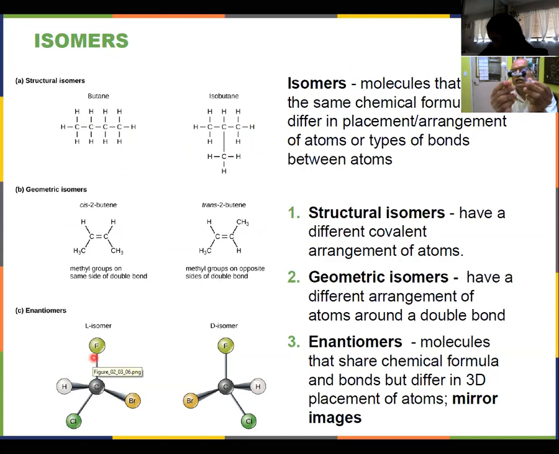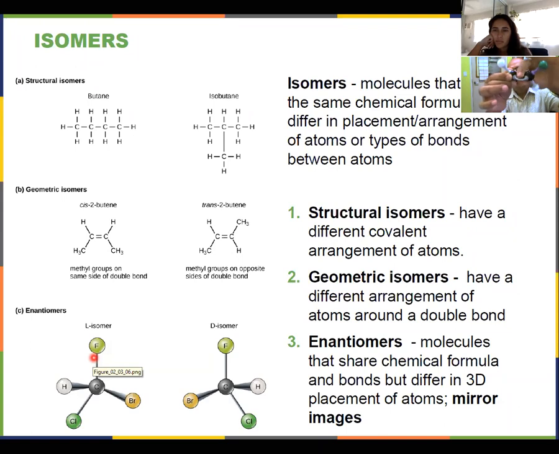Now take a look at this one here. I have a double bond between the 2 carbons, and these are chlorine, these are hydrogens. You can have a situation like this where these 2 chlorines are in opposite directions, on opposite planes of this double bond.